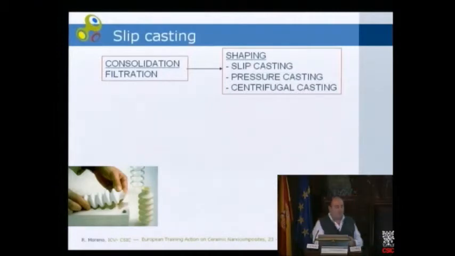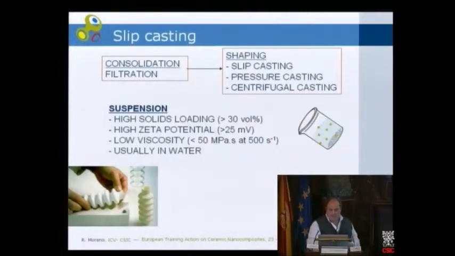As I said before, the consolidation mechanism is based on a filtration process, that is, separation of liquid-solid. And the shaping processes we can get from this consolidation mechanism are the classic slip casting methods, the pressure casting, or other variants.